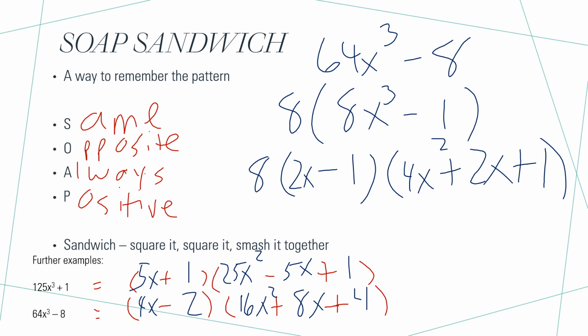You could factor a 2 out of the first parenthesis, giving you 2x minus 1, and then get a 4 out of the second parenthesis, leaving you with that. And then 2 times 4 would give you the 8. So either one of those would work.